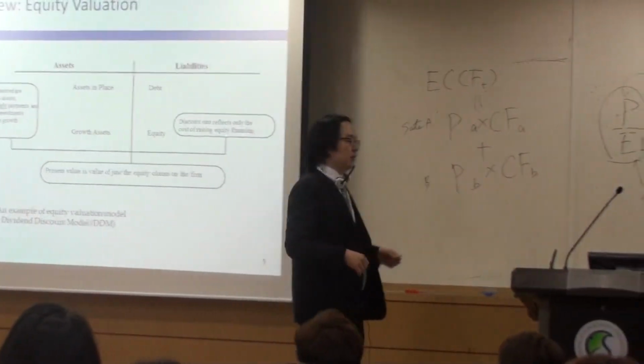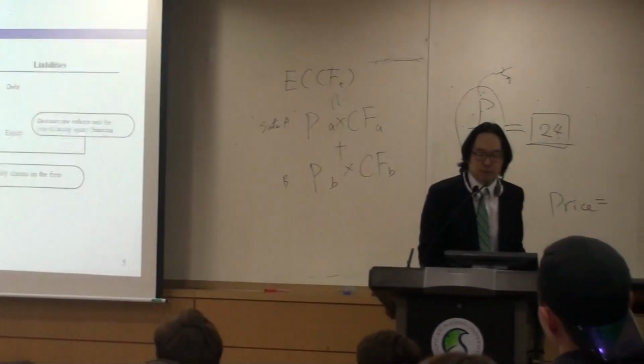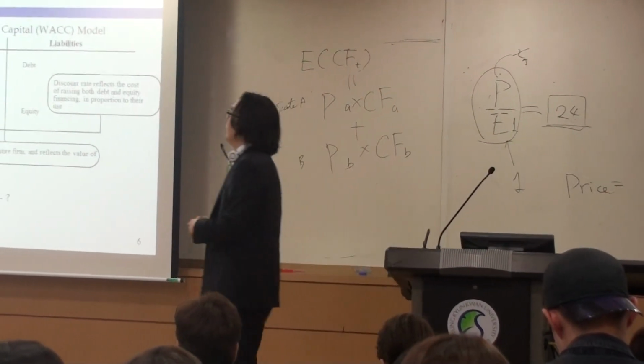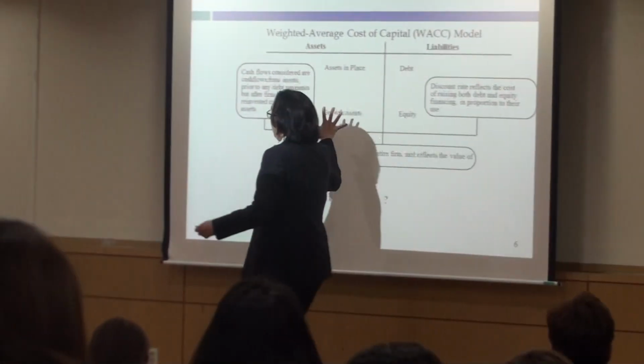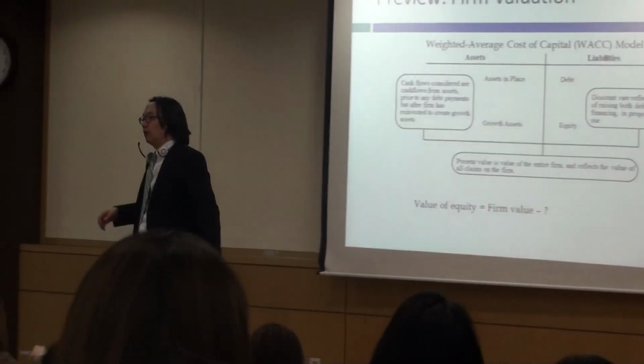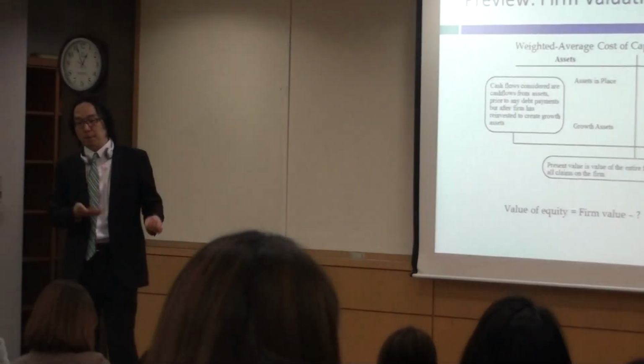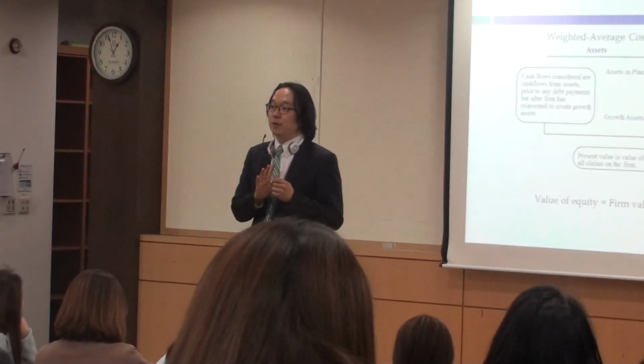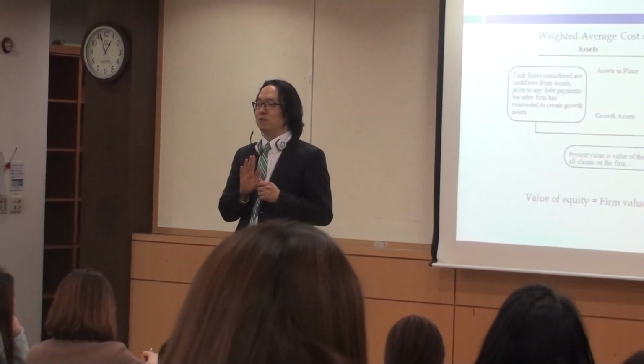The alternative is free cash flow to firm. Firm valuation. The idea is to figure out free cash flow to firm, the free cash flow available to weighted average investors. What do you mean by weighted average investors?